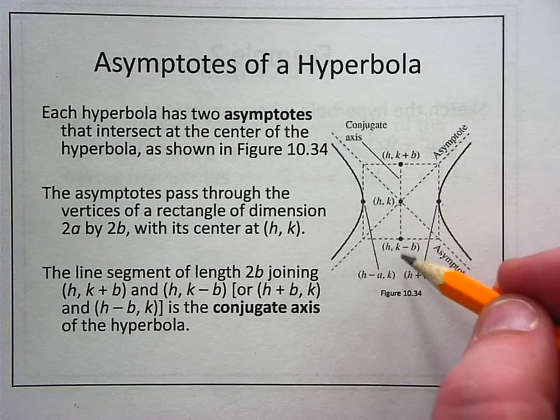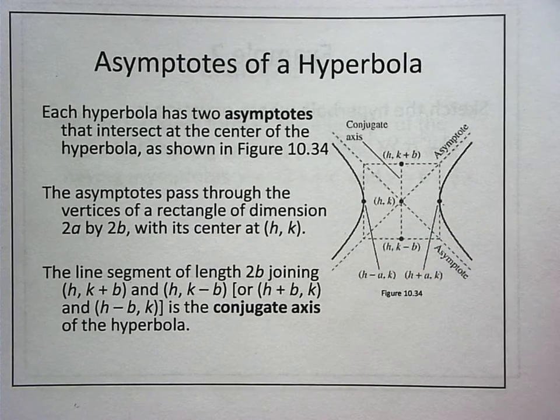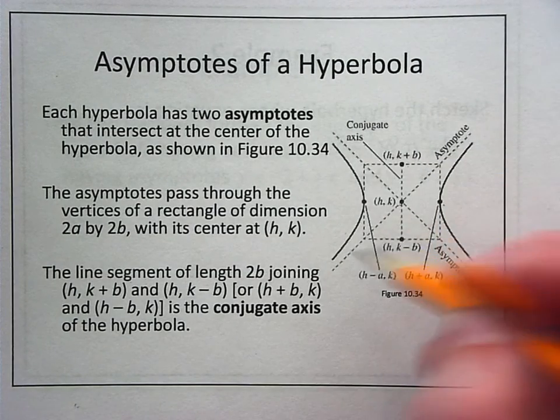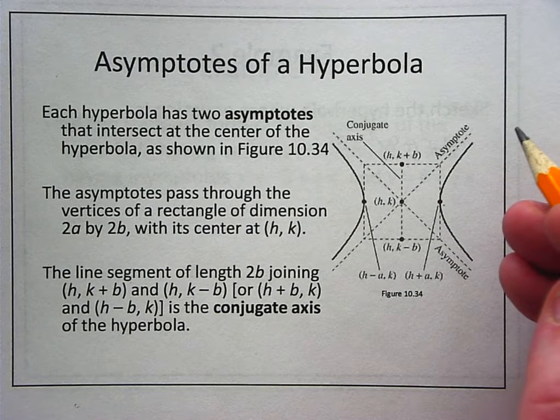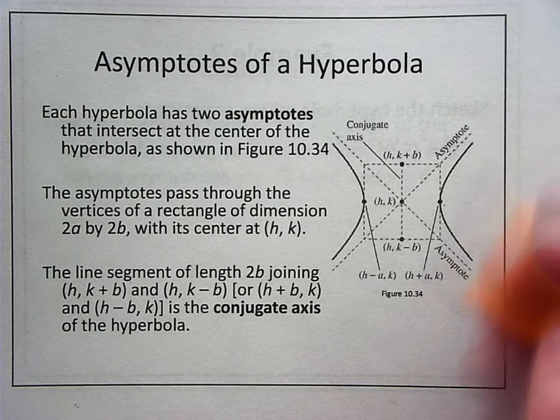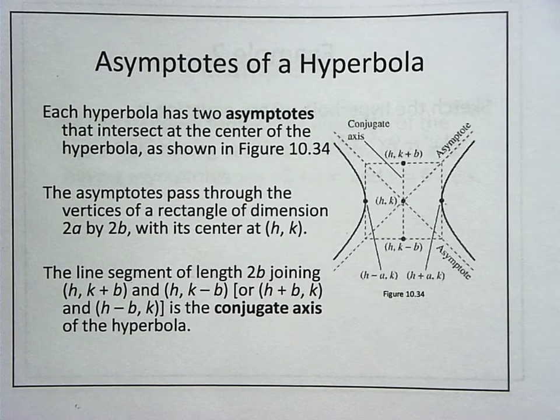And then that b value, that other value, is how far you're either going to go up and down or left and right, depending. It's the other value. Once you have that, honestly, I just draw the box here and then draw the diagonal. So the idea, if you just make that rectangle, draw the diagonal through the center and through each corner of the rectangle, that gives you that value.